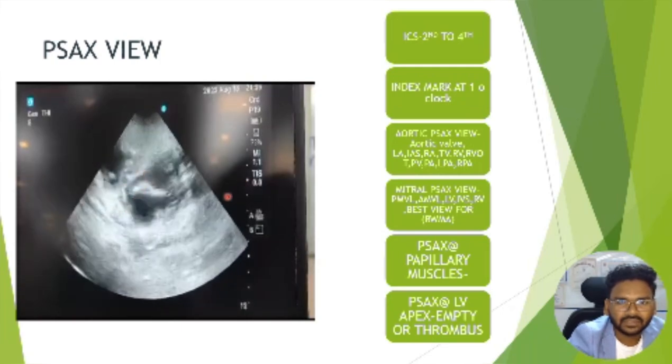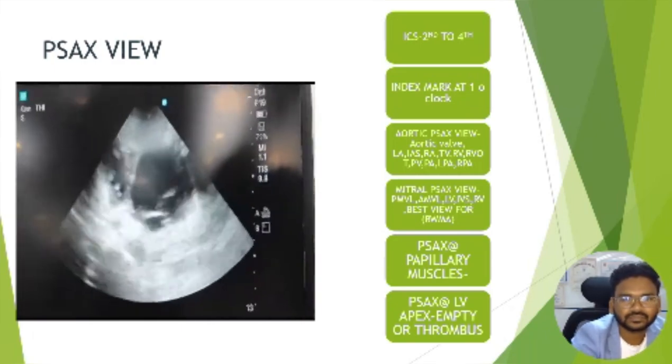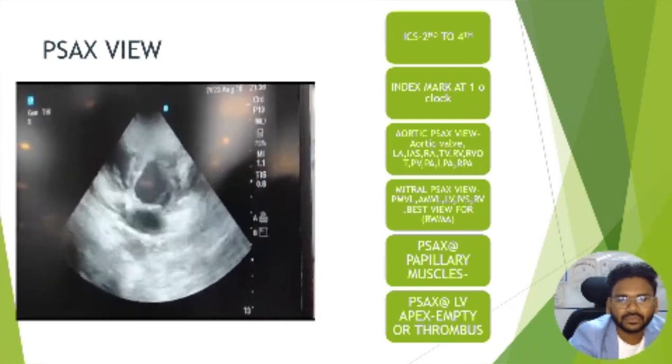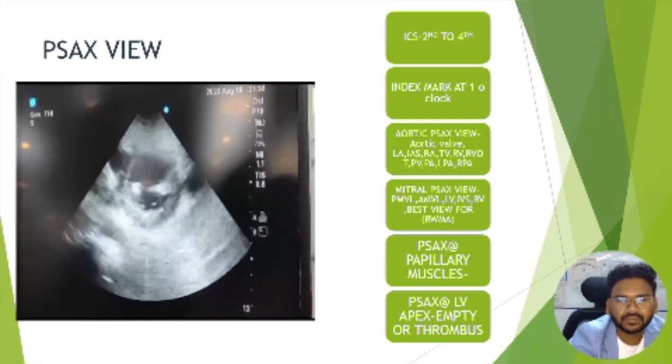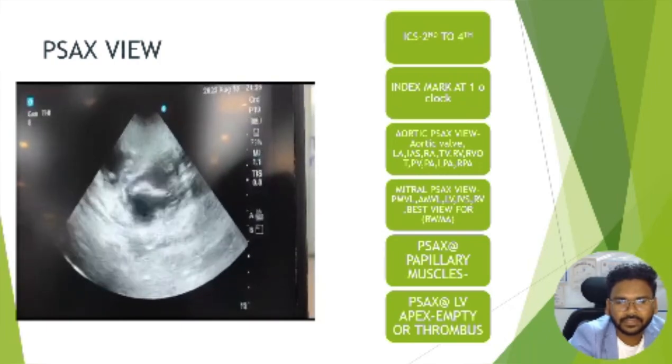And this view is best to look for regional wall motion abnormality. And to make the P-SAX view, we have to keep the probe at the second to fourth intercostal space, and the index mark should be at the 1 o'clock position or towards the left shoulder.